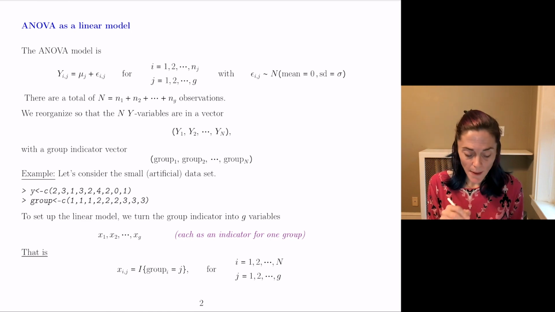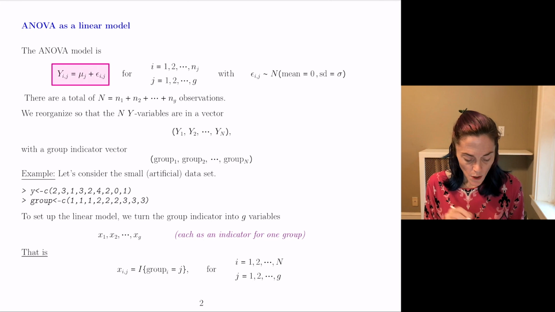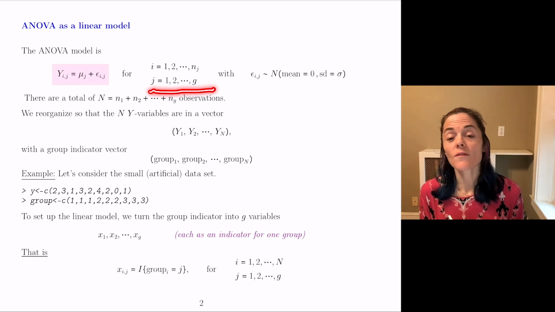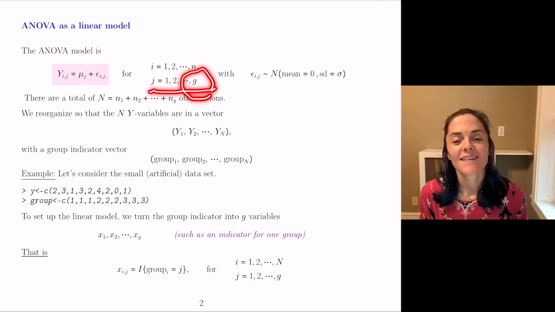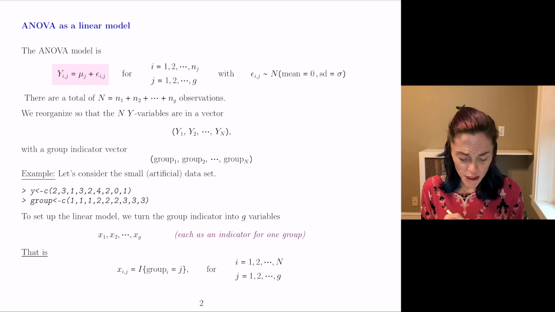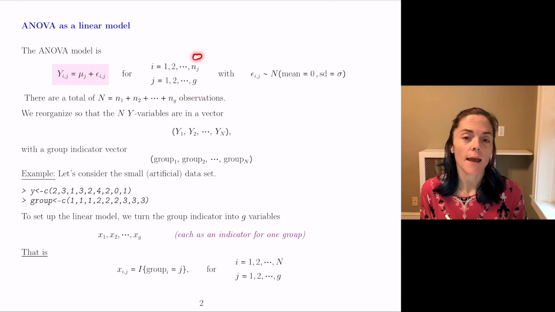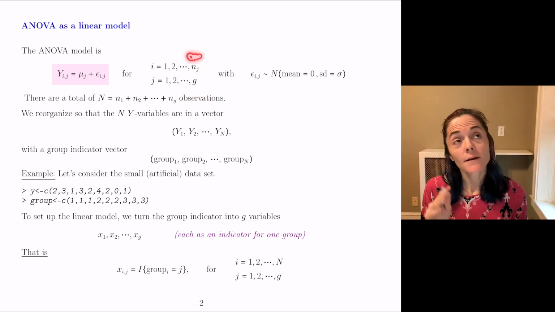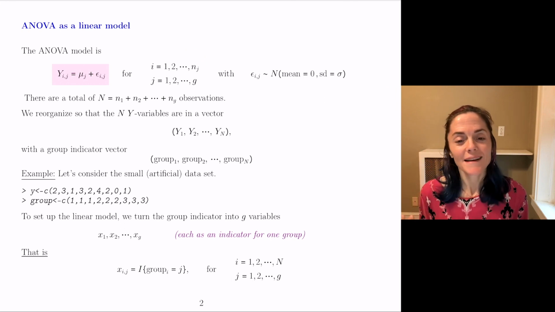Well, let's remind ourselves from the last lesson. In the ANOVA, we had G groups. This was our one-way ANOVA from lesson 1. And then group j had n sub j observations, or a random sample of size n sub j made up group j.